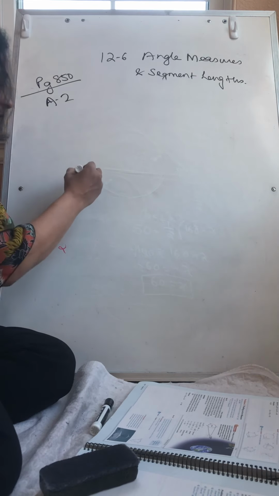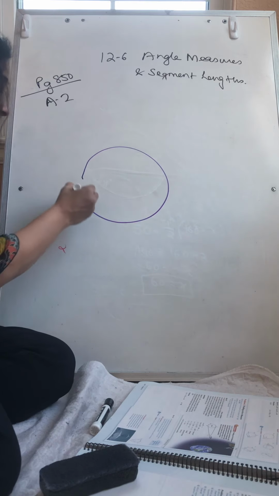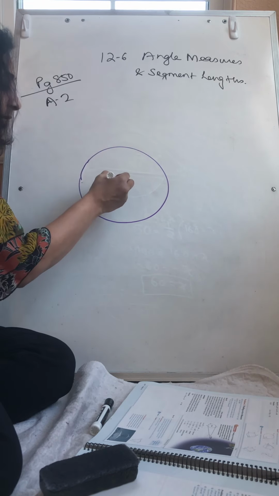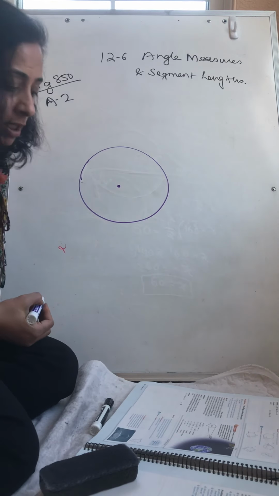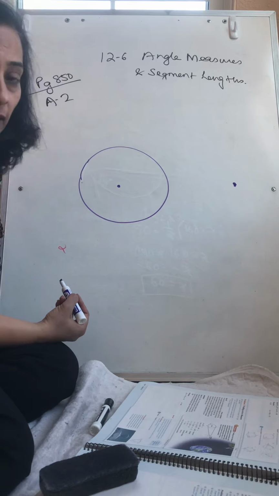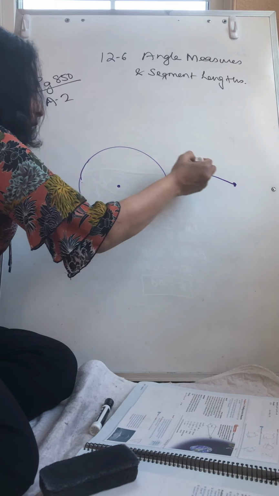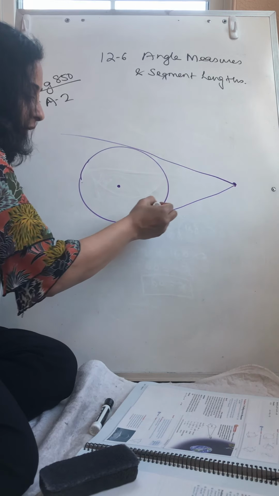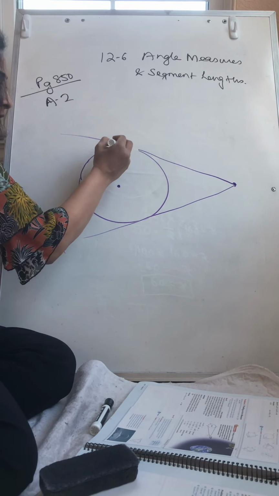So this is the Earth, as you know. It's not exactly a circle, but for the purpose of our math, we are going to consider it's a circle. So this is the circle. There is a satellite somewhere here and it is looking at the Earth. It can look as far as this portion of the Earth and it can look as far as this portion of the Earth.